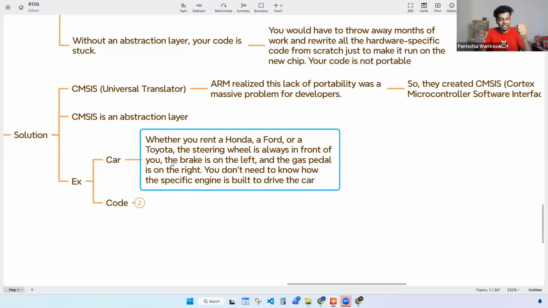The steering wheel won't be like a flight operating system with levers and all. The gear or brake will be at the left, at the bottom. It is this generic standard which everything will follow.